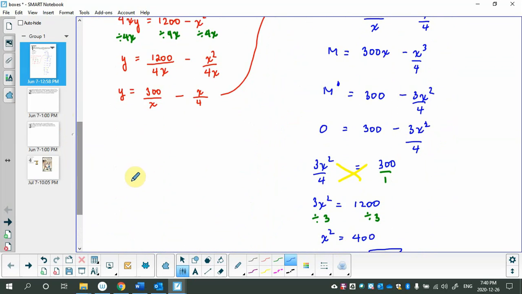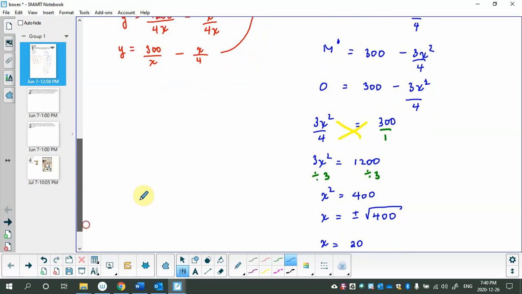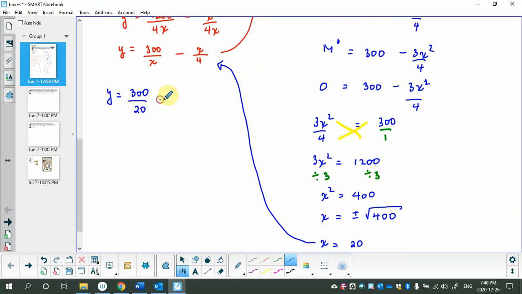And I have an equation for y right here. So I'm going to take that 20 and put it in for all the x's. y equals 15 minus 5, which is 10.